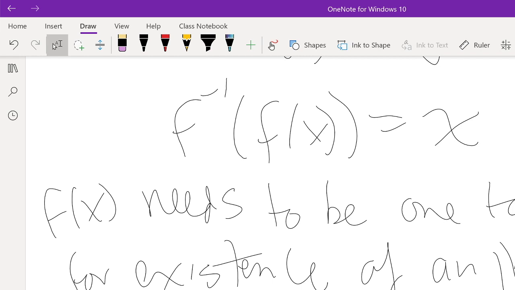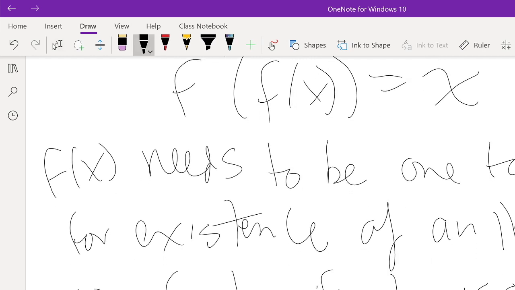All values of x get mapped onto 3, and that still made it a function. Graphically, f of x is a function if it passes the vertical line test.